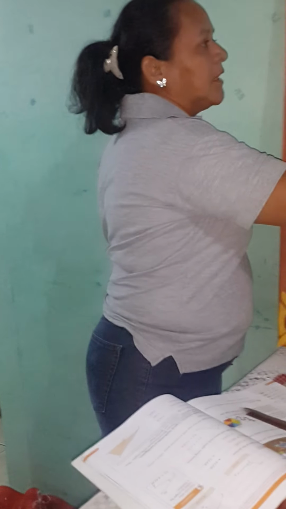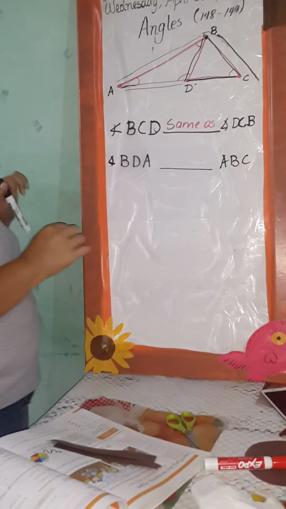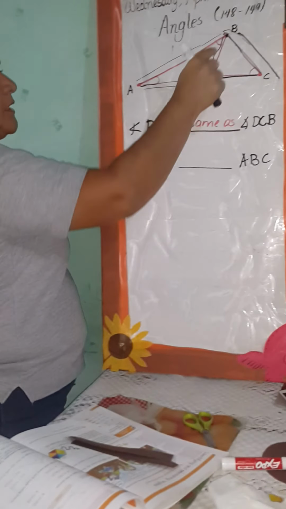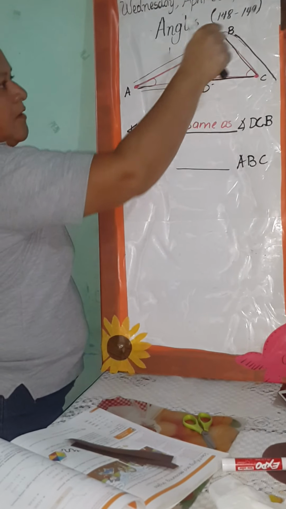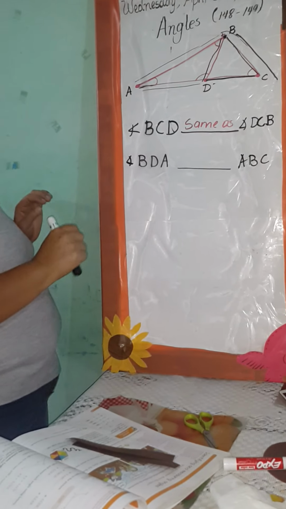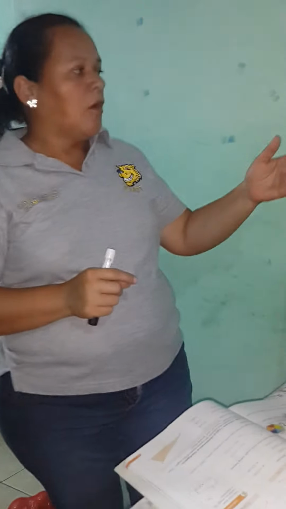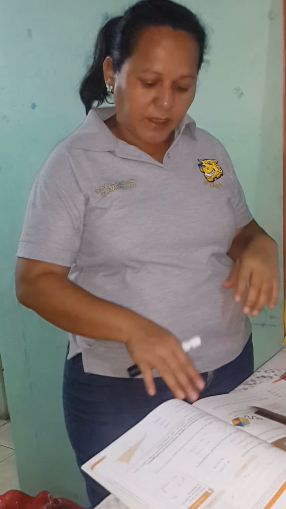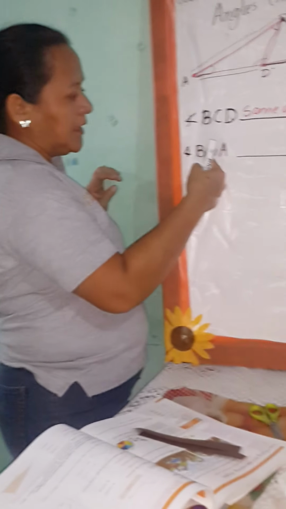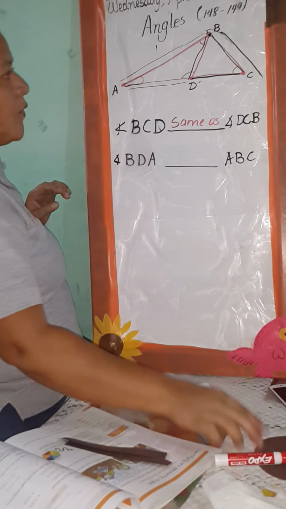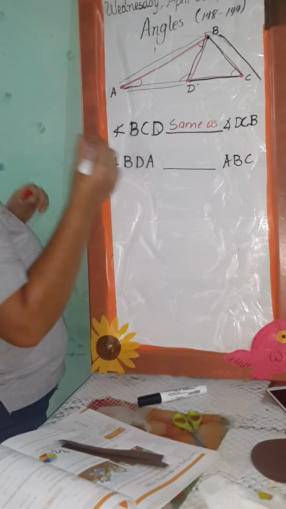Of course not. They are different. The angles are different because the first one is this, B, D, A, and the second is A, B, and C. So which one is bigger? Of course, the one that is greater is B, D, A. So you're going to write greater than.